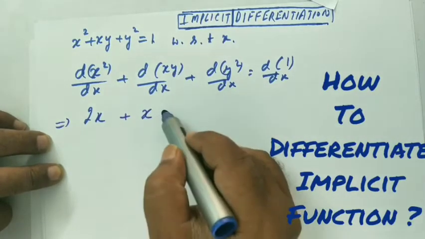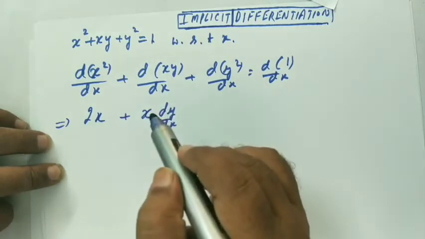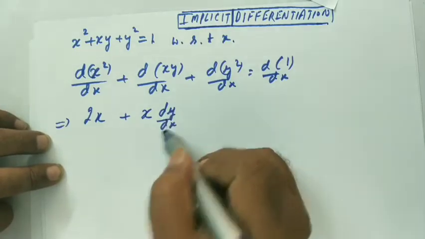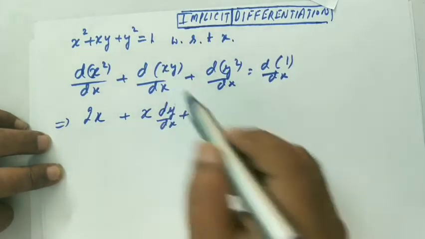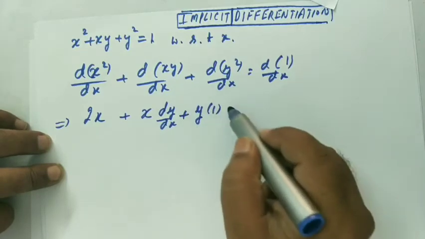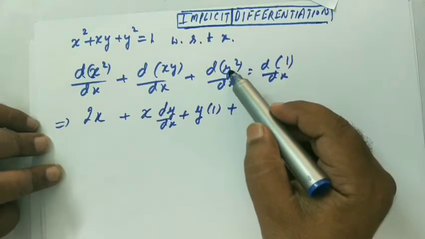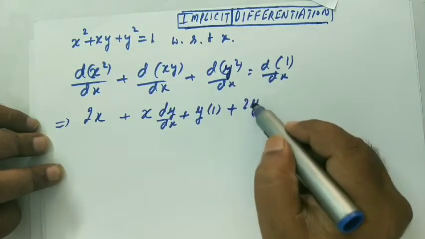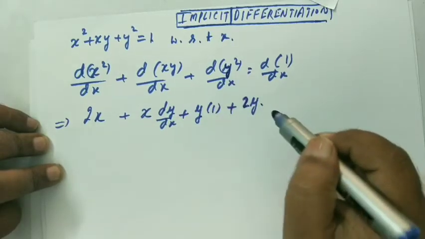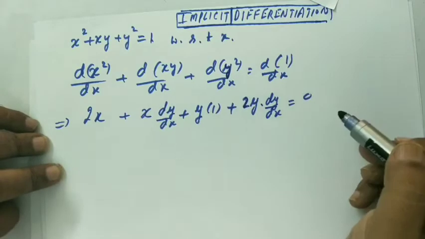x, now dy by dx. Differentiation of y is 1, so I write 1 into dy by dx. Plus y, differentiation of x is 1. Now here, since we have to differentiate with respect to x, differentiation of y square will be 2y, and since it is not x, I'll write dy by dx, and this is 0.